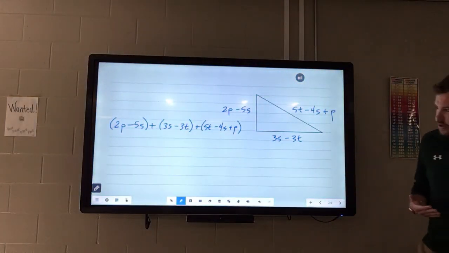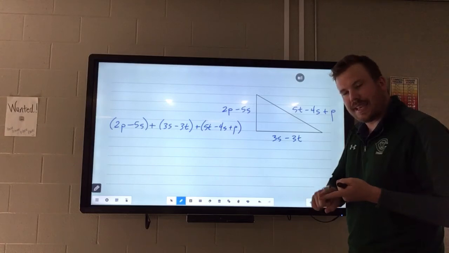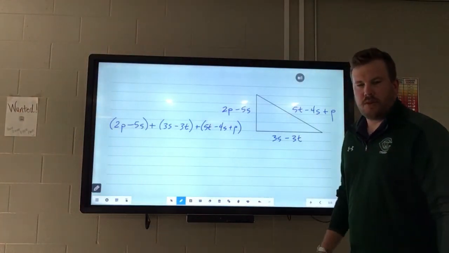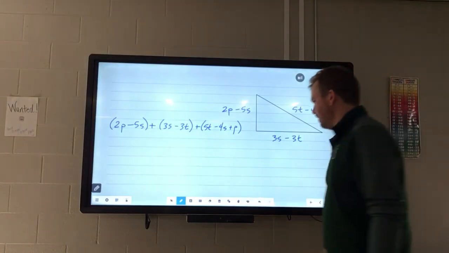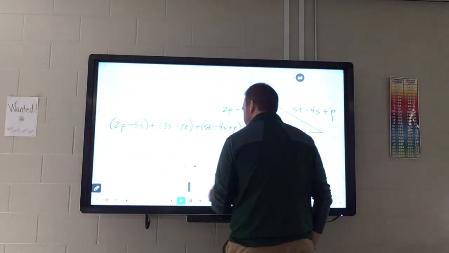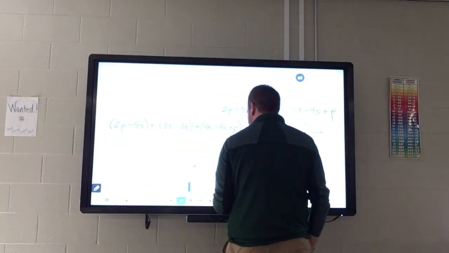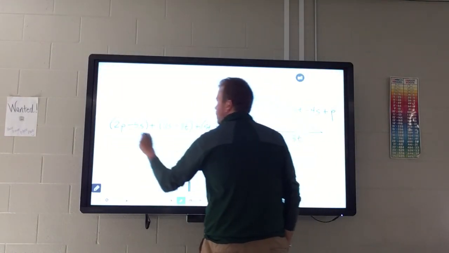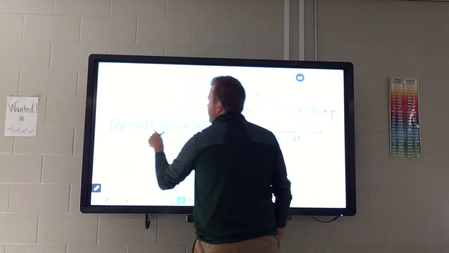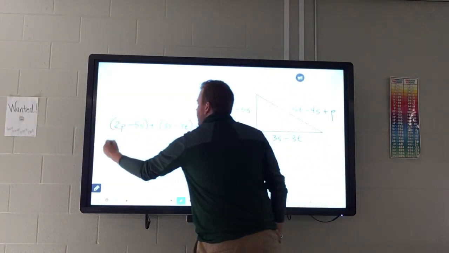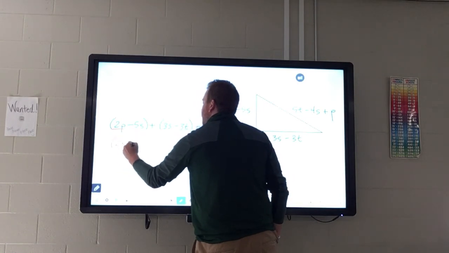Now the key here is to combine like terms. Again, like terms, same variable, raised to the same power. So let's go in alphabetical order. Let's start with the terms that contain p. So first, let's add together any p terms. So we have 2p, and here's p. So we'll have a 2p plus p.